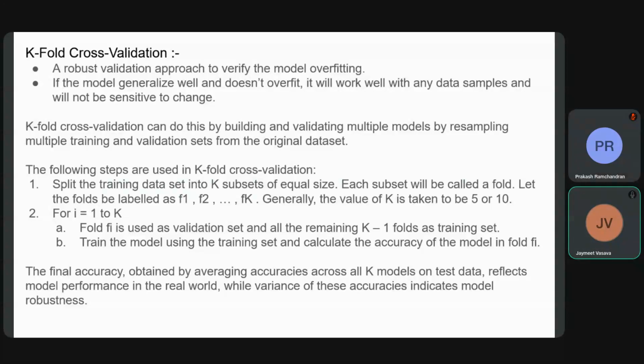As we have taken k equals 5, we have folds up to f5, with i from 1 to k. The fold fi is used as the validation set, and all the remaining k minus 1 folds are the training set. Train the model using the training set and calculate the accuracy of the model on fi. The final accuracy, obtained by averaging the accuracies across all k models on test data, reflects the model performance in the real world, while the variance of these accuracies indicates model robustness.